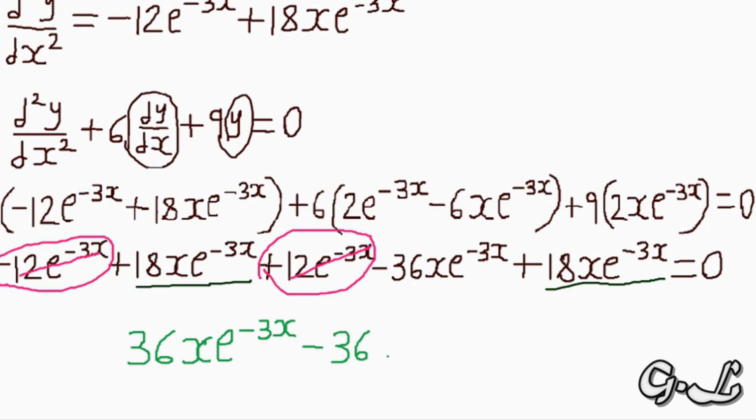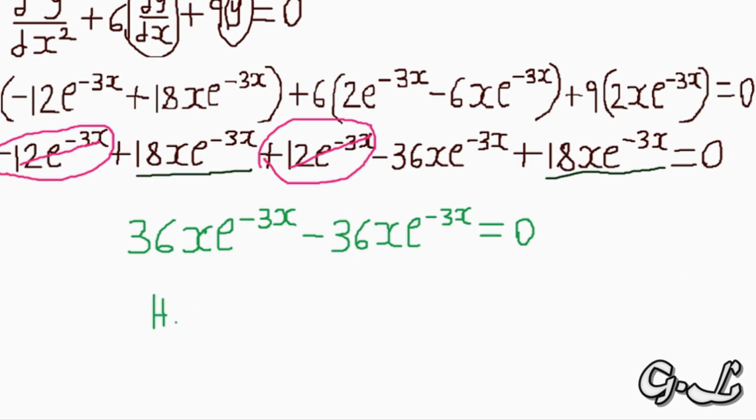We also have another one which is negative 36x e to the negative 3x, so we're going to write that one too. That is equal to 0. So when you say 36x e to the negative 3x minus 36x e to the negative 3x, that is actually 0. So you can easily say hence shown.